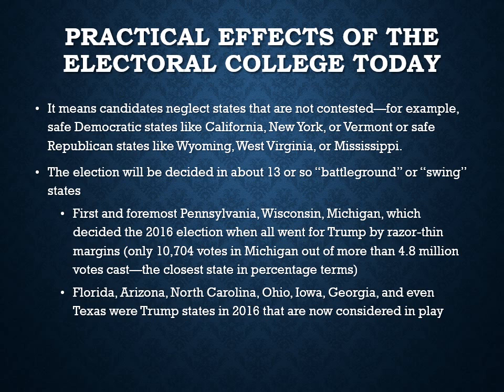Trump states included Florida, Arizona, North Carolina, Ohio, Iowa, Georgia, and even Texas that are now considered in play. Polling says that these states could very well go to Joe Biden. If this all happened, it would be a landslide.